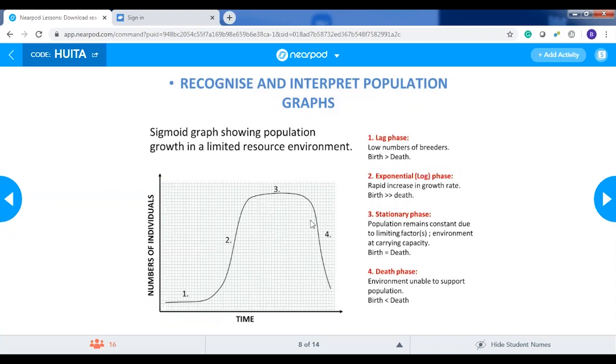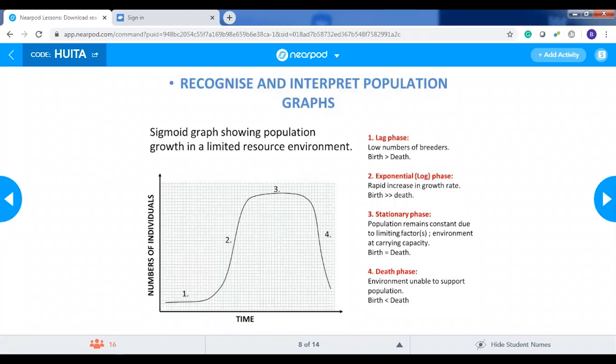This is because the environment is unable anymore to support this population due to the lack of resources or different causes. And this phase is called the death phase. So these are the 4 phases that we can see in the growth of a population. It is called the sigmoid graph that shows the population growth.